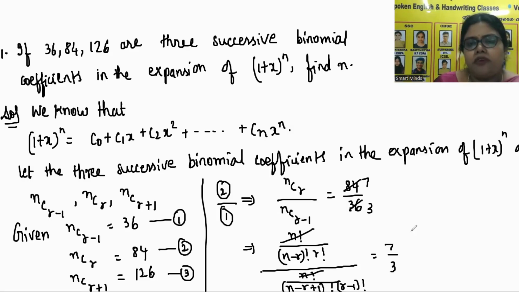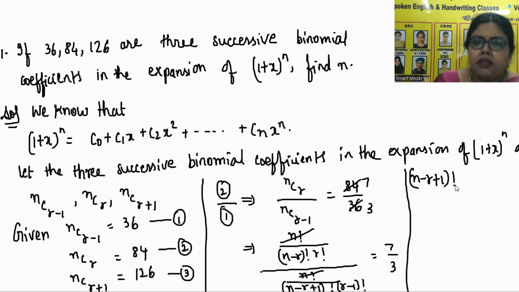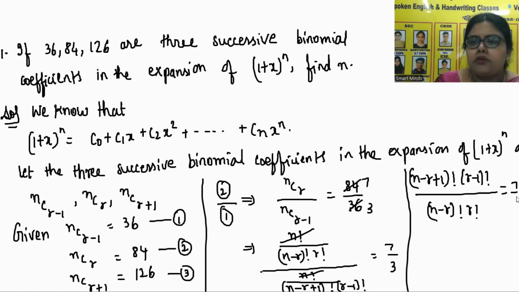n factorial gets cancelled. So if I take the denominator up, we will get (n minus r plus 1) factorial into (r minus 1) factorial by (n minus r) factorial into r factorial is equal to 7 by 3.